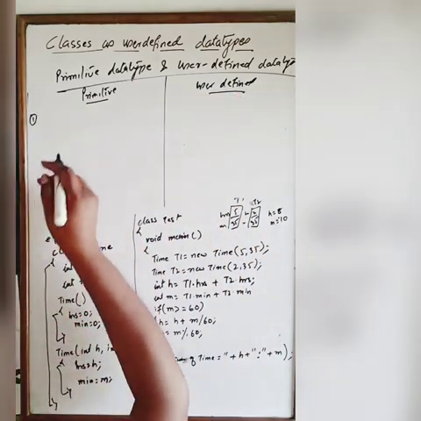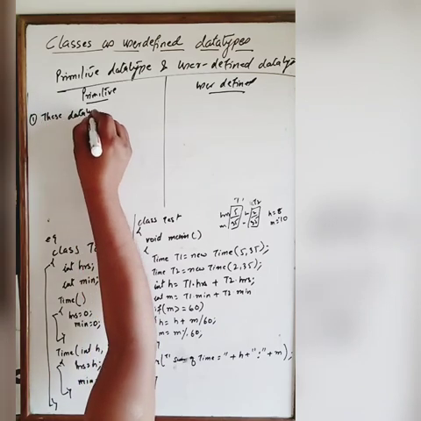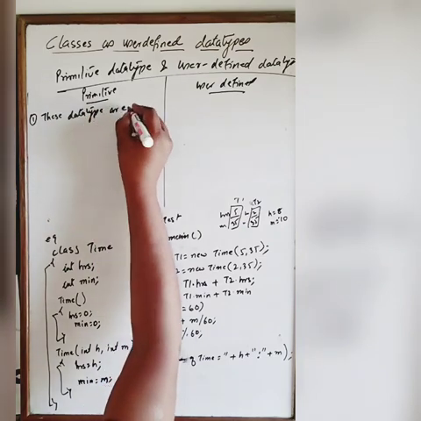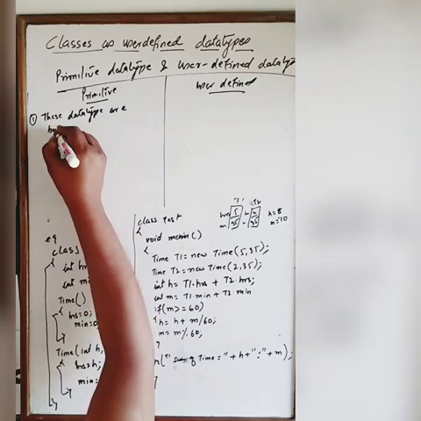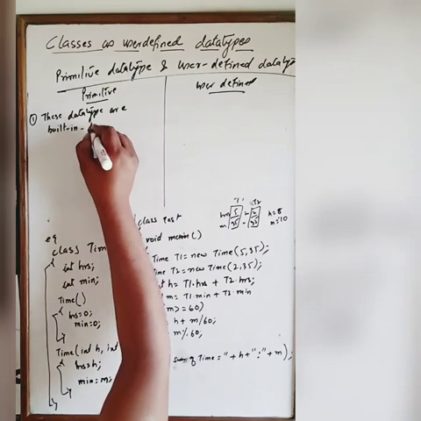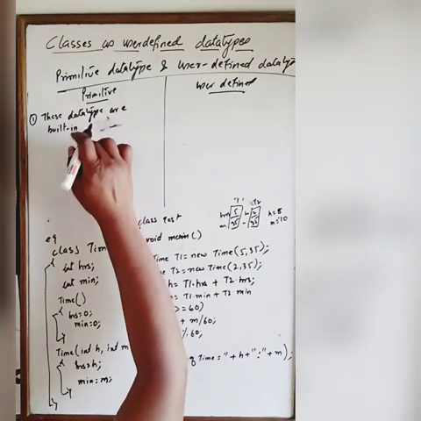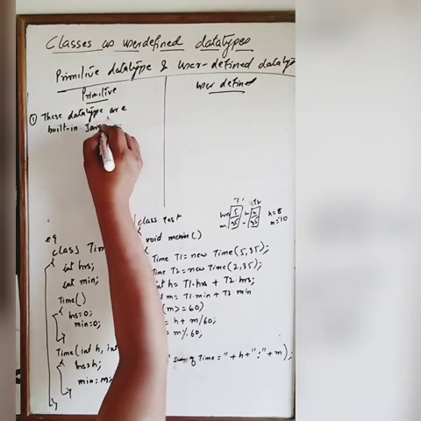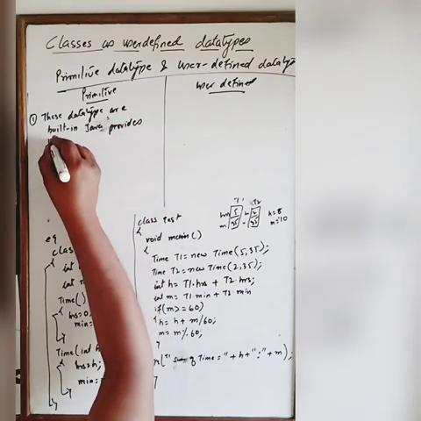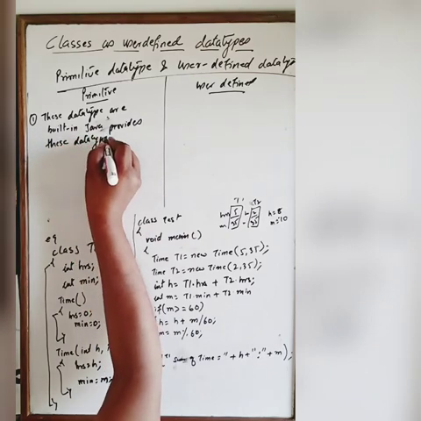Now in primitive, these data types are built in data types. Java provides these data types.